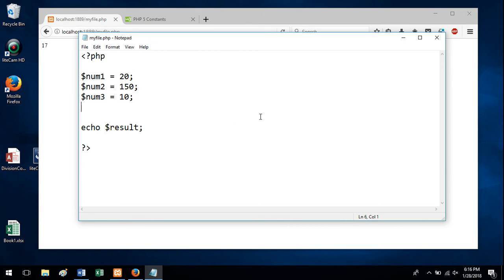Instead of declaring another variable and doing that, let's say we just want to add those three numbers up and print those out. We could do it right in an echo statement. We could say num1 plus num2. So again, it's up to you as a programmer as to what style you like.